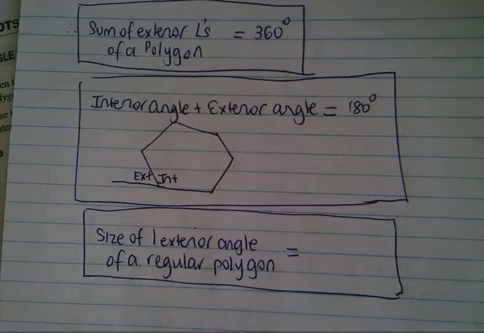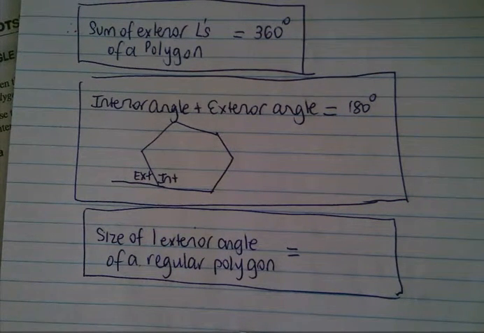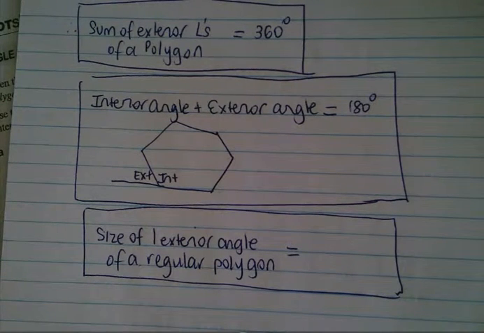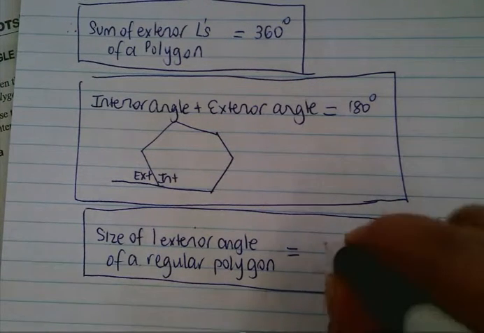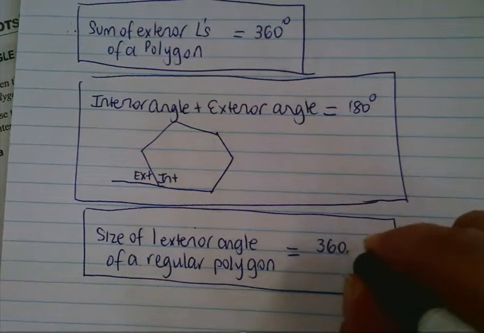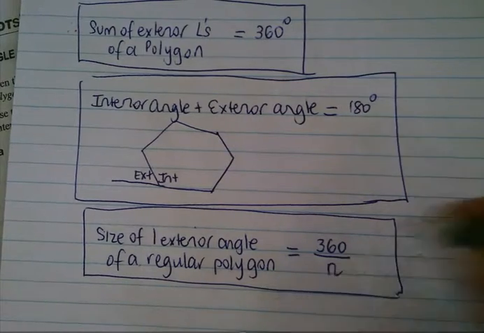Girls, go back and look at your triangle, your square, your pentagon and your hexagon, and tell me how I can work out the size of one exterior angle using the fact that I know they all add up to 360. Yep, it's 360 divided by n.